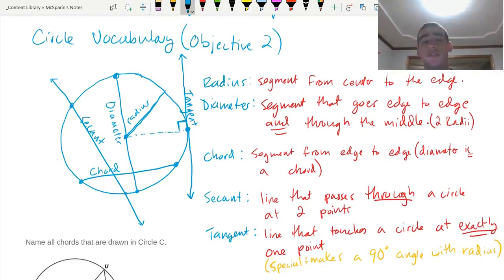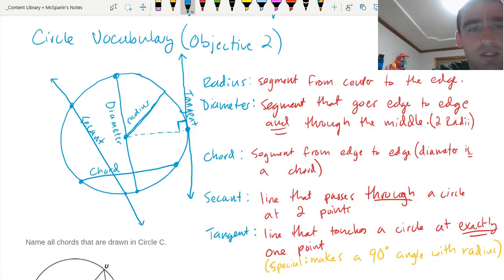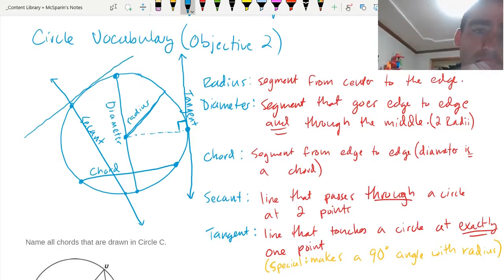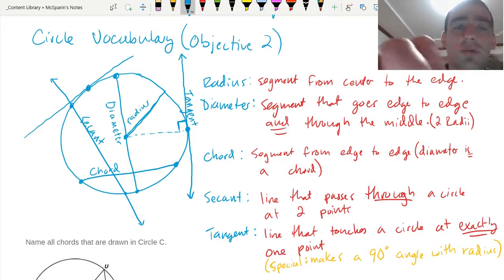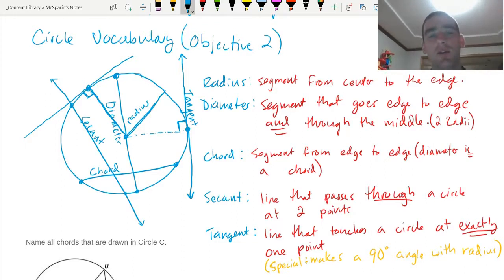If I drew a tangent in a different spot, let's draw a tangent like this. Watch. Barely touched. See that? Man, I'm good. Well, if I drew that line right there, it would make a 90-degree angle.